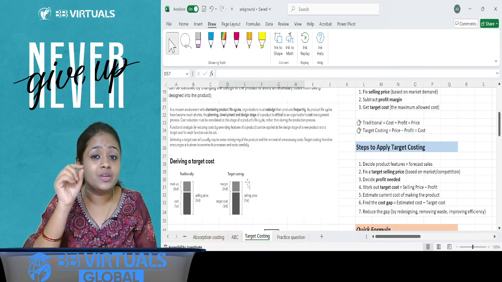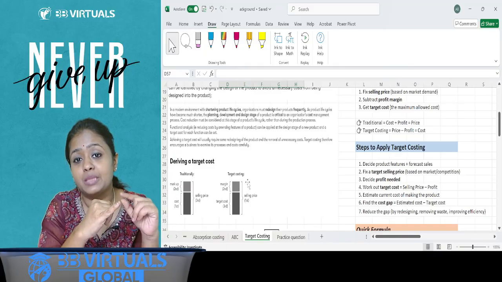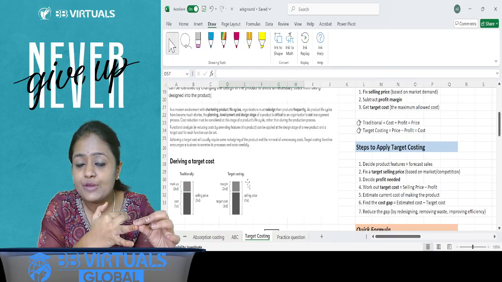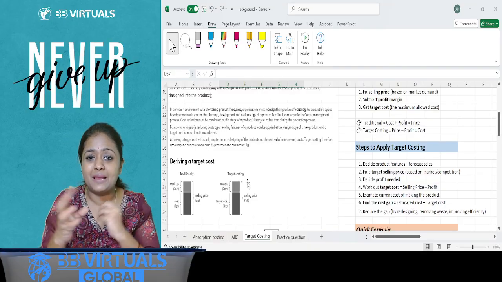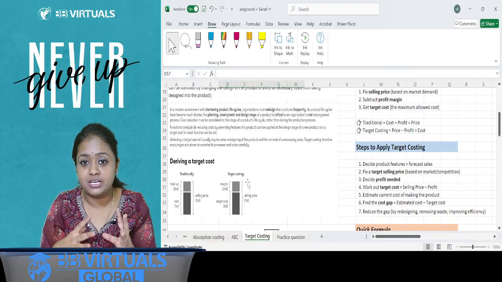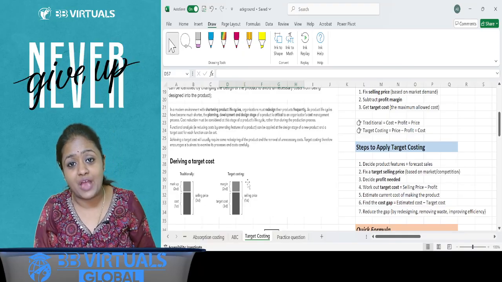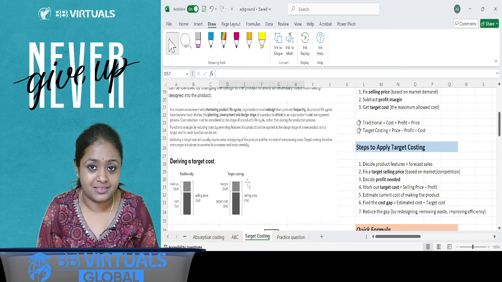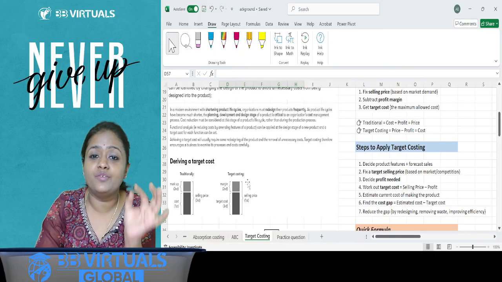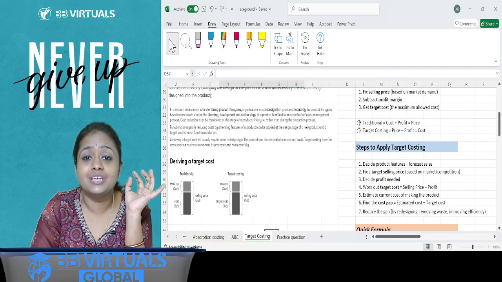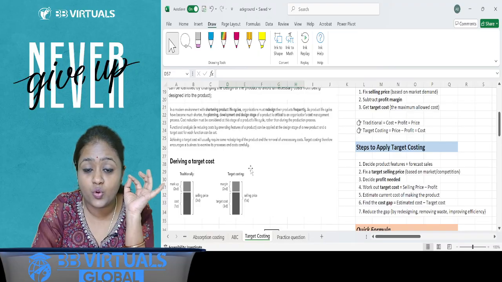So we can always do those actions when we're in the planning, designing, or development phase, because that is the time when you can do any permutation and combination before the product is finalized and launched in the market. Got it? So always remember, the most effective way of reducing cost is in the designing phase only.